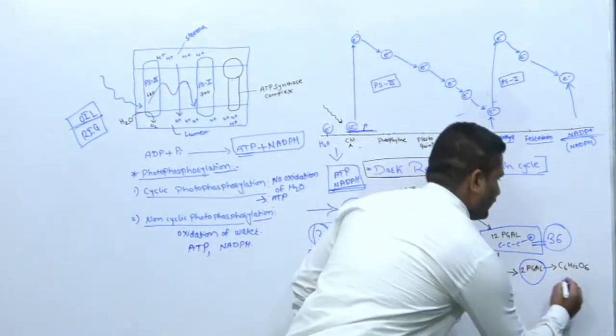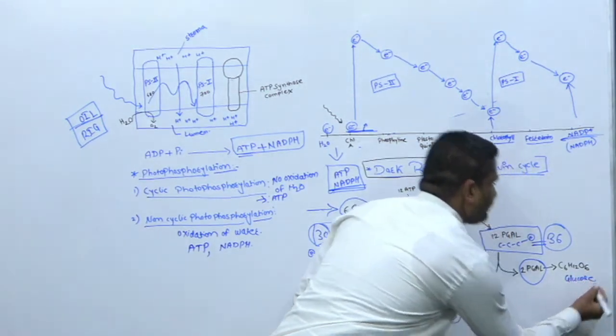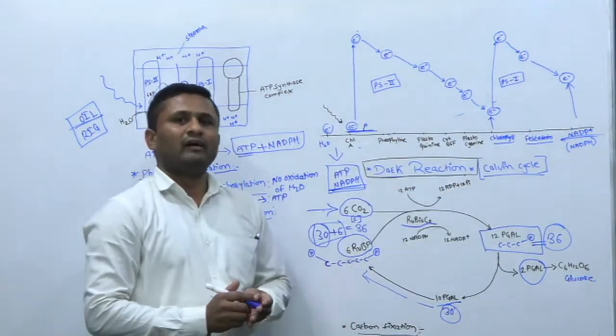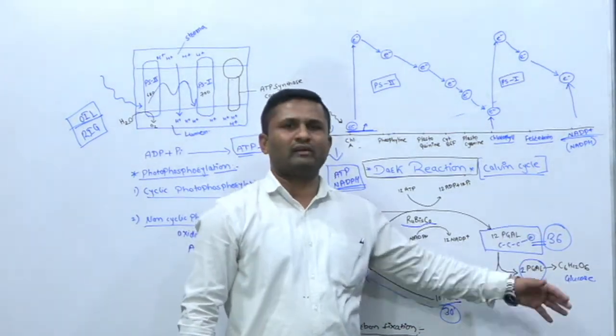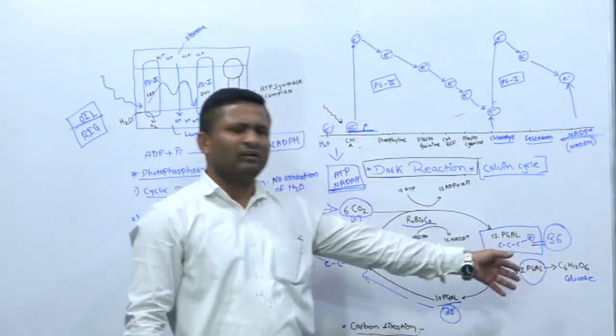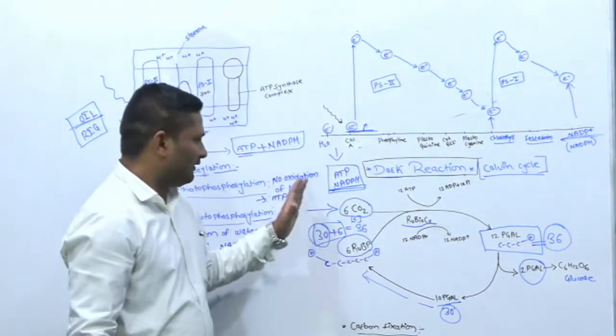So here C6H12O6, glucose, will get synthesized. Not necessarily glucose, it can again elongate and form polysaccharides. Here I have just taken the example of glucose.